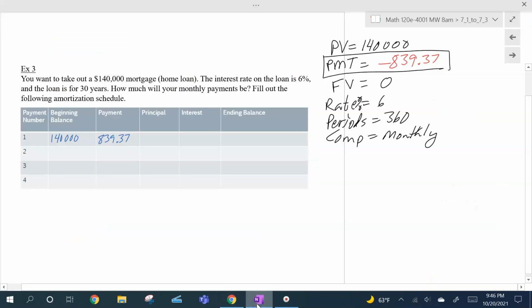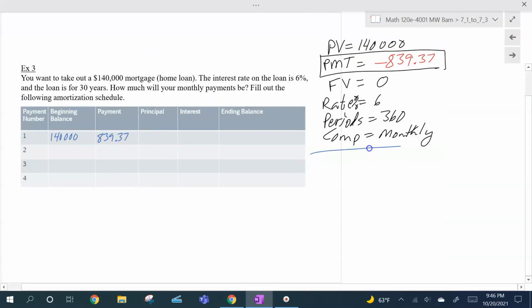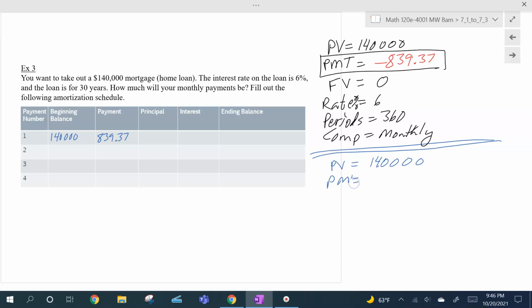Okay, so what I did, write that down, is I owe $140,000. I'm making a payment of $839.37.